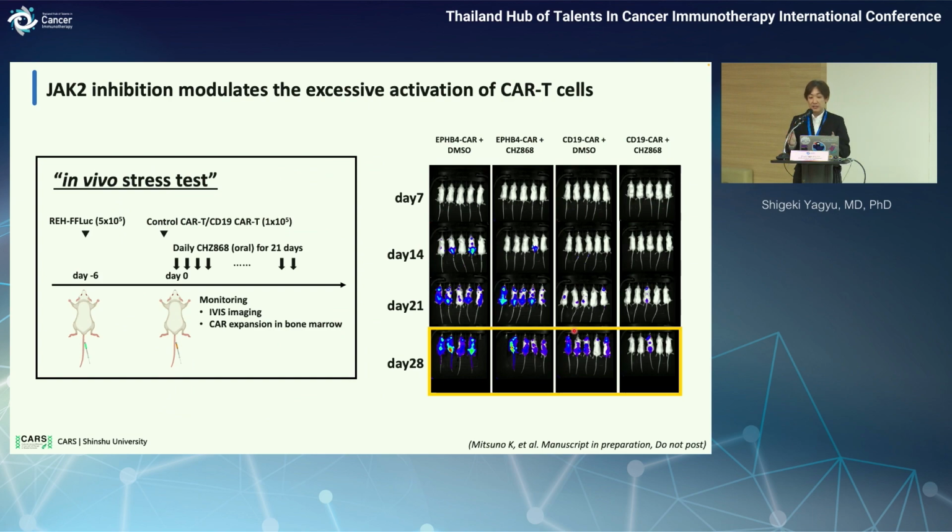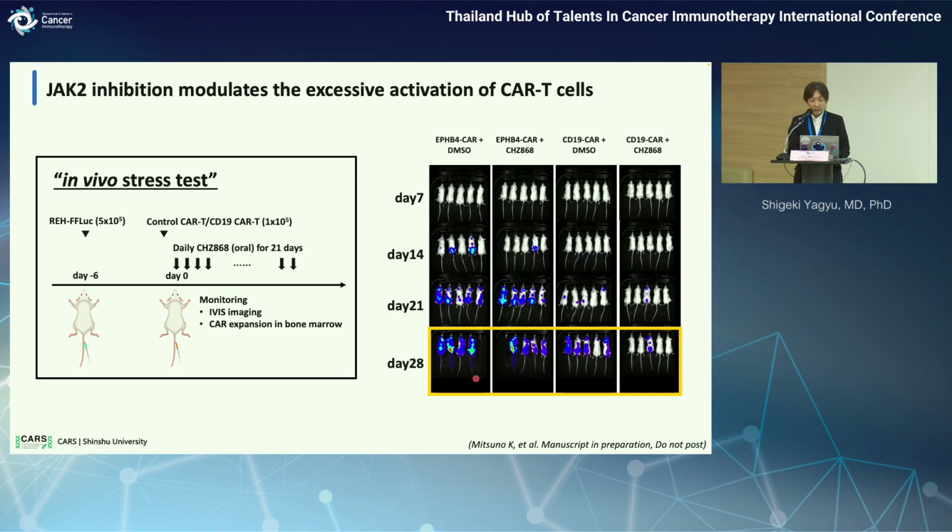Then, we tested the synergistic effect of JAK2 inhibitor on CD19 CAR T cells using B-cell leukemia xenograft model. In this case, we used an in vivo stress test again and treated the tumor-bearing mice with a very low dose of CD19 CAR T cells in the presence of a JAK2 pathway inhibitor.